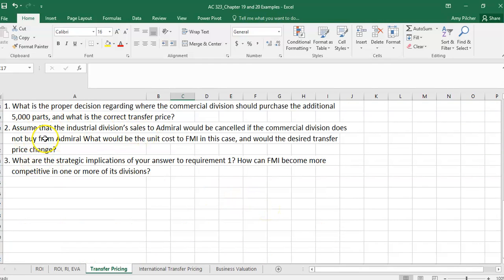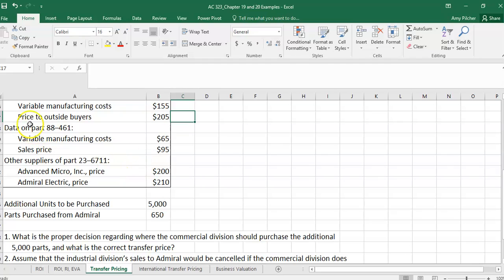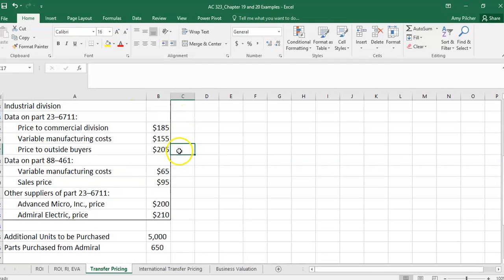So under option 2, we're assuming that the industrial division's sales to Admiral would be canceled if our commercial division does not buy from Admiral. So when we're looking at, do we pay $205 internally to the industrial division? Do we pay $200 to Advanced Micro or $210 to Admiral?